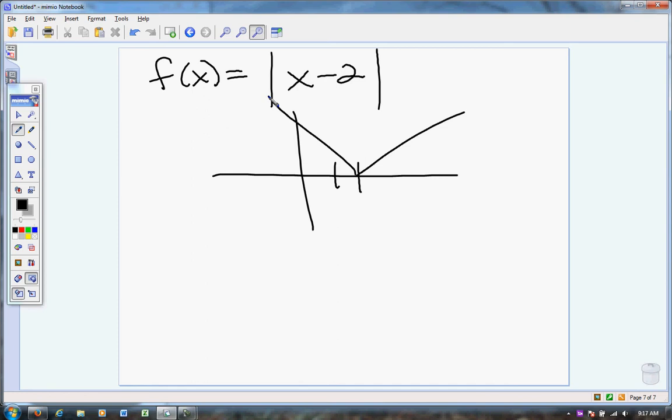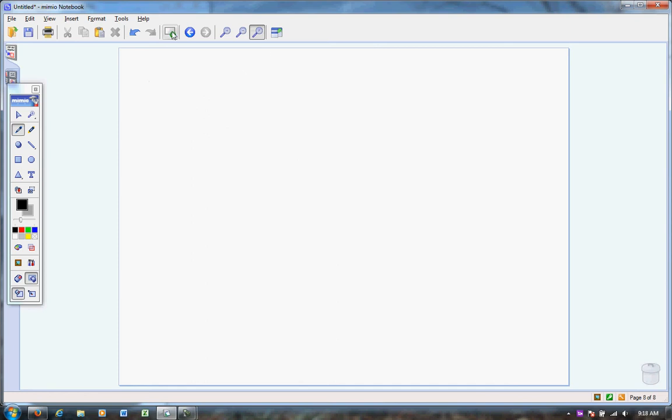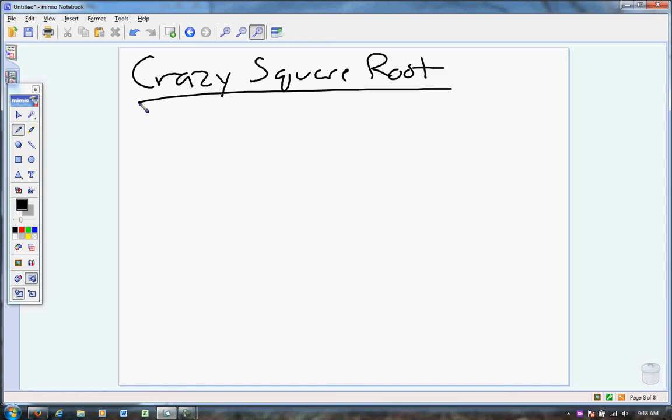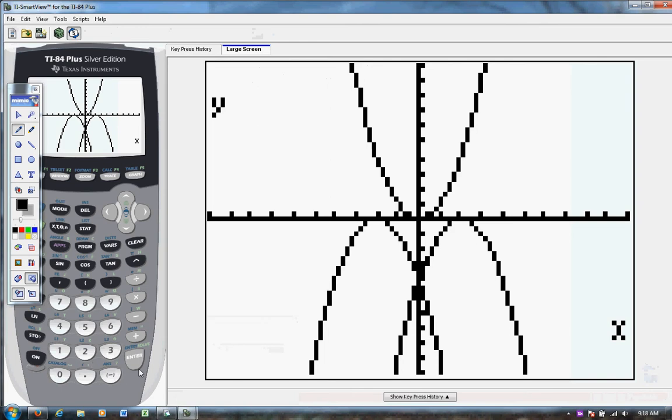Now, the last thing I want to do with my time is what I'm going to call the crazy square root. And what do I mean by the crazy square root? Well, I'm going to show you on the graphing calculator.